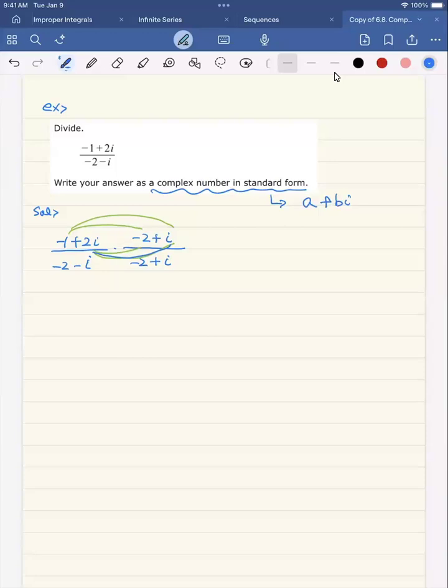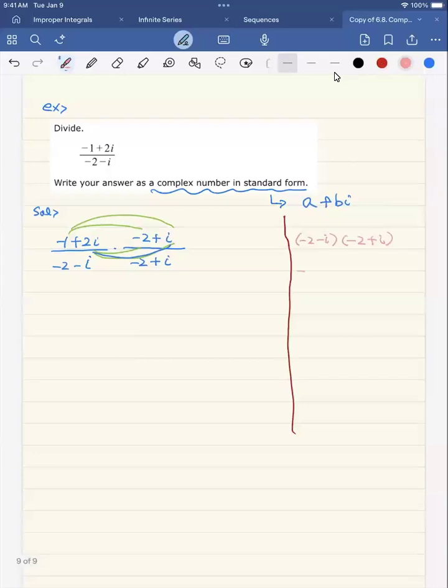So we multiply by the complex conjugate. So we multiplied by negative 2 plus i in the denominator and numerator. Let's calculate.